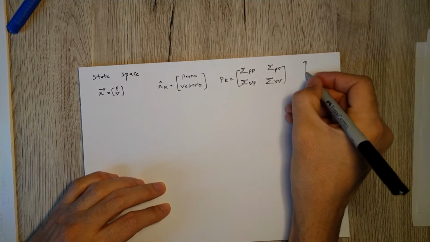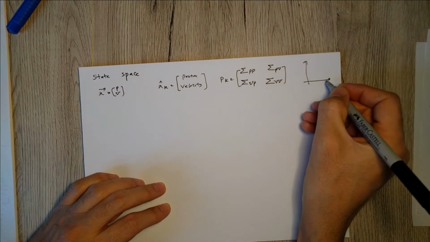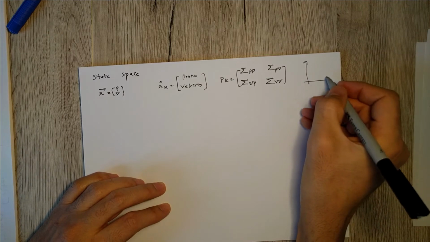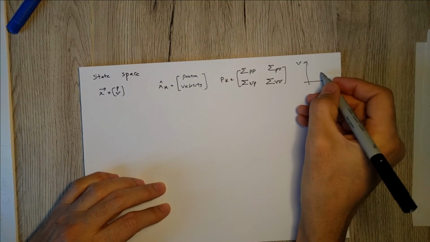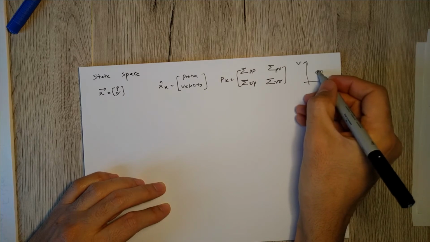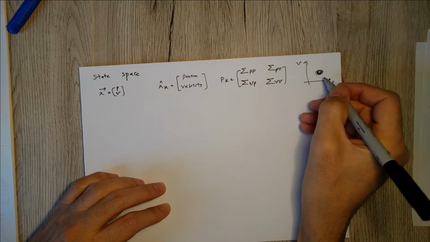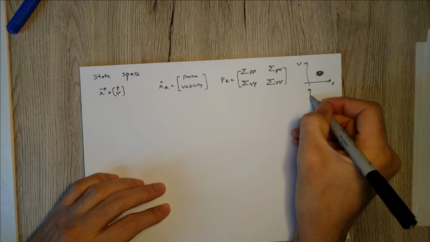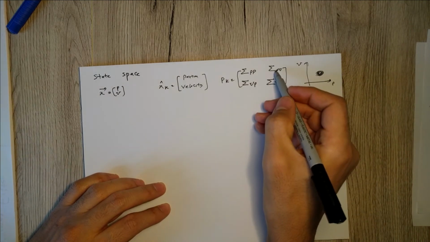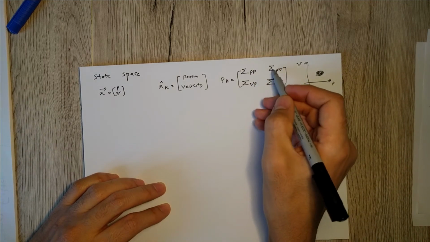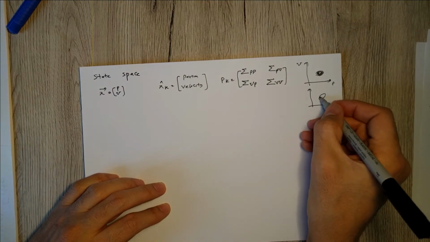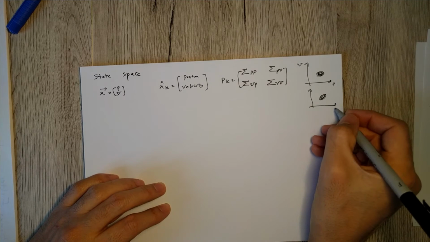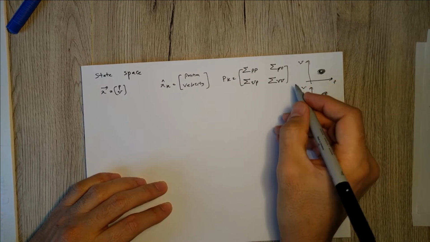If these two parameters are not related to each other, meaning the position has nothing to do with the velocity, if there's no correlation between them, it's going to be a Gaussian like this. But if there's a correlation between them, meaning these two elements are non-zero, then it's going to be something like this, for instance, depending on the values here.